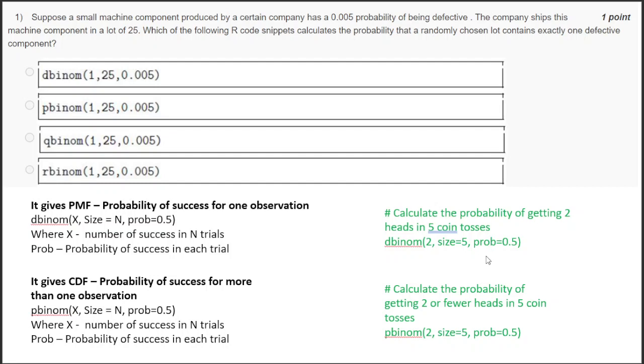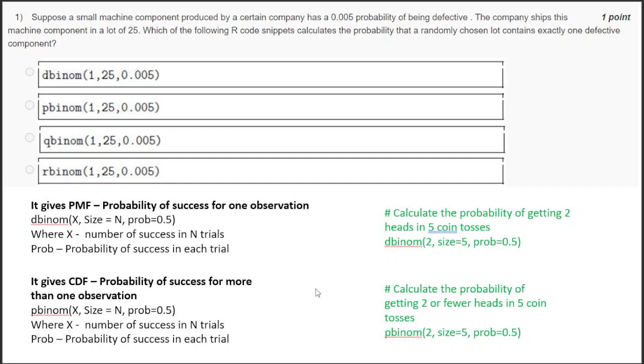For example, if you want to check the probability of getting a 4 in 6 dice throws, we can give 4 comma 6 comma probability 1 by 6, because the probability of getting the number 4 in a trial while throwing a die is 1 by 6.